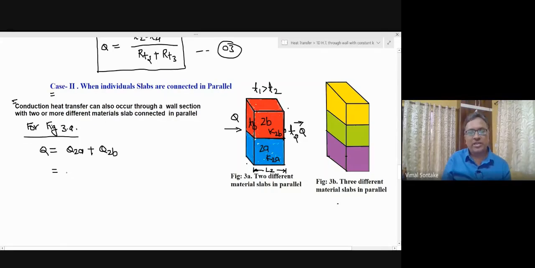Now I can write the expression for Q2A plus Q2B. Just now we have seen, in terms of temperature difference, T1 minus T2 over the thermal resistance of this material 2A, which will be thickness L2 over K2A into area. Isn't it?